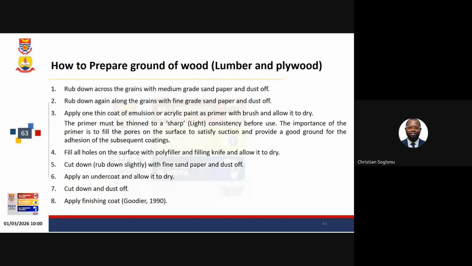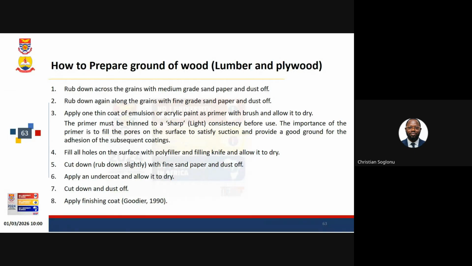So how to prepare a ground of a wood? I think we've been told already that ground is a preparatory treatment given to a surface before the actual work is done. So how do you prepare your surface when you have wood as a surface? What are you going to do to get the preparatory done before you do your actual work?